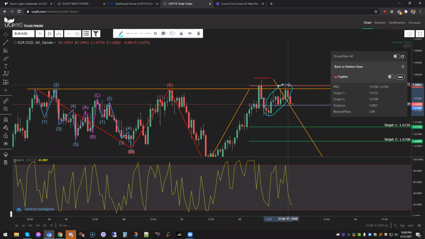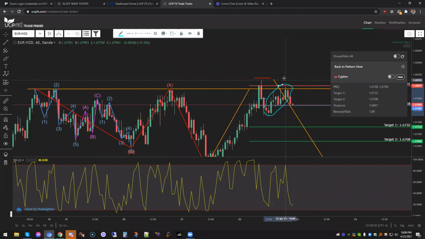I understand support and resistance in the traditional way, but I also understand that support and resistance best exist within pattern formation, okay? So this may be a retest of this resistance level, but this is a pattern of its own, okay? So if I analyze this pattern, I will find reason as to why it ended in this area. Okay, so this is a pattern on its own.